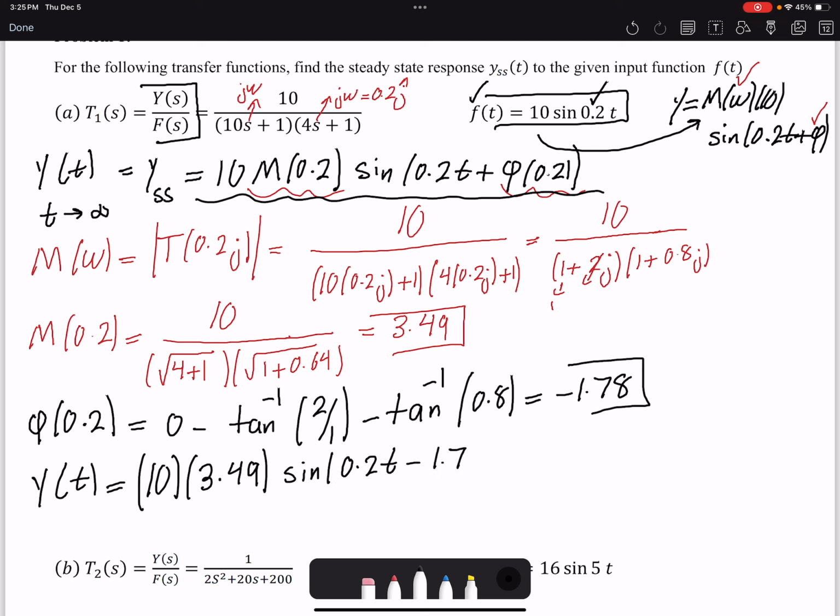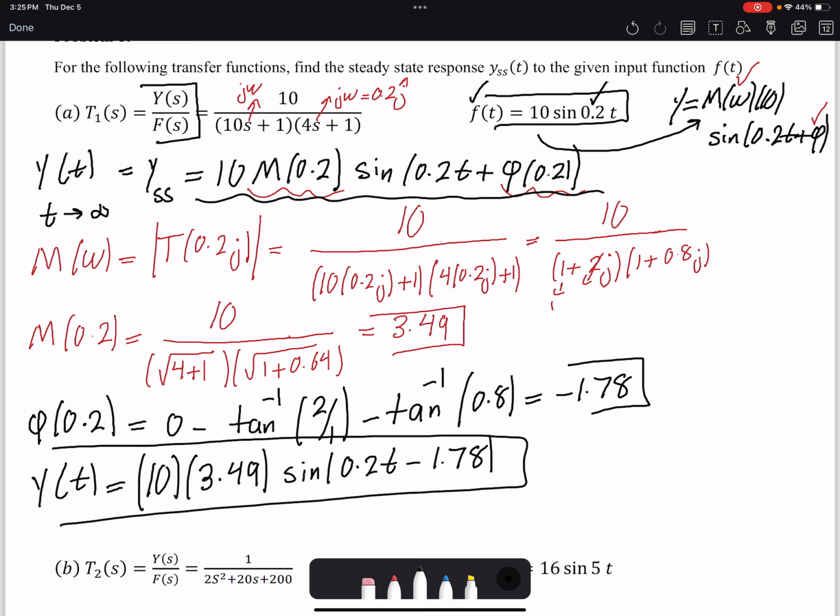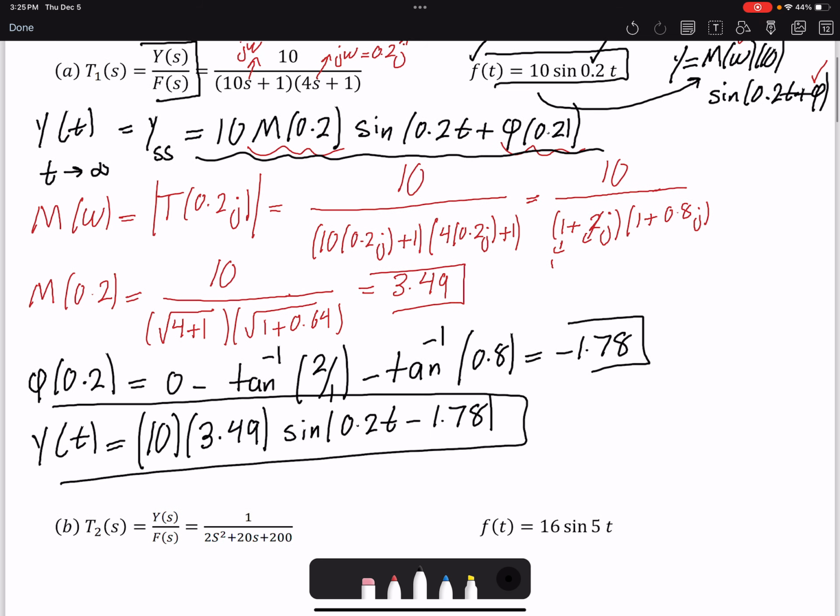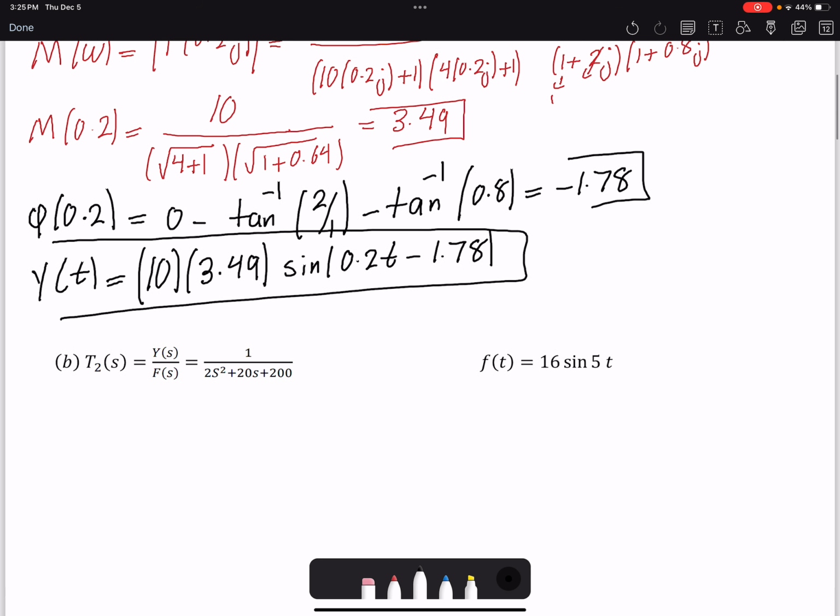And the phase is 1.78 radian different, which is a large phase change. So this is my output. So I found the output using the frequency method, while I had the frequency and the input amplitude.